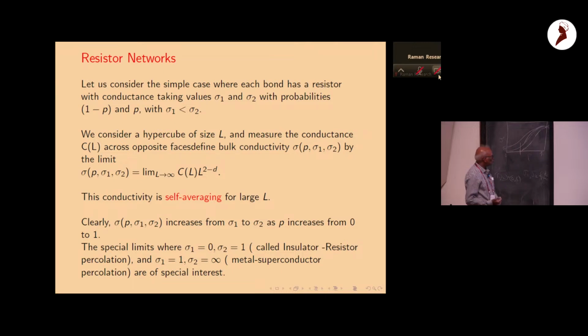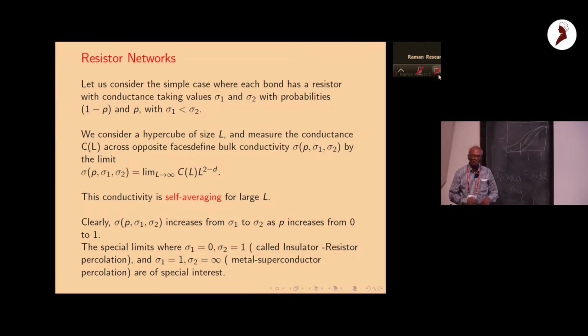Okay. So the other limit, which is also interesting, is when this is equal to 1 and infinite. The network with 0 and 1 is called an insulator conductor network, because the 0 has 0 conductivity, and so the bonds are made up of insulators and conductors, and then the behavior is like this one. There is a second variation of the same problem where sigma 2 is infinite.